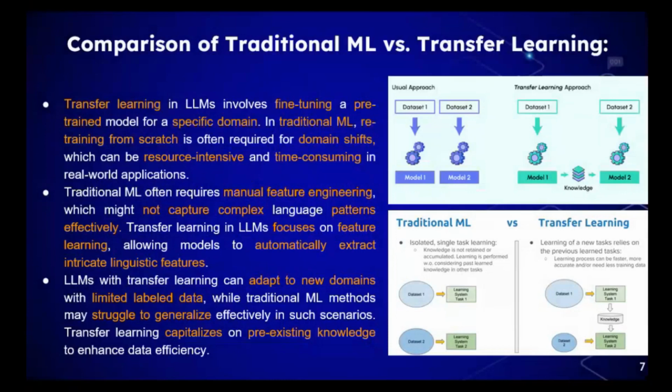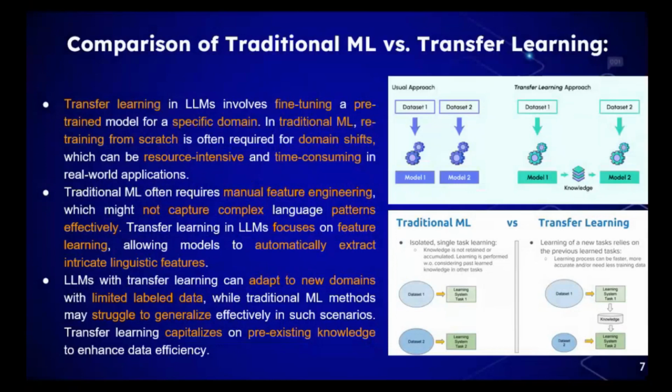It's like taking your old skills and upgrading them for new challenges. In traditional machine learning, you often dig deep into manual feature engineering. But with transfer learning, the focus is on learning features automatically. So it's somehow different from the traditional language training.